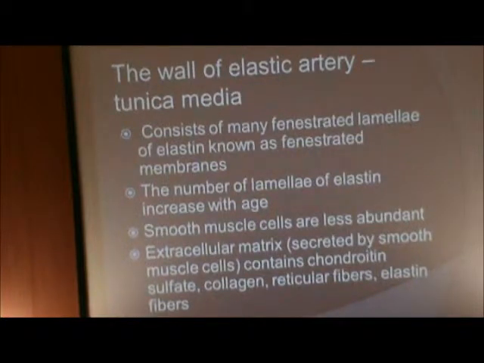This is the widest part of elastic artery, and it is composed of elastic fibers which form fenestrated membranes or fenestrated sheaths. Elastic fibers form thick bundles which are called fenestrated membranes.